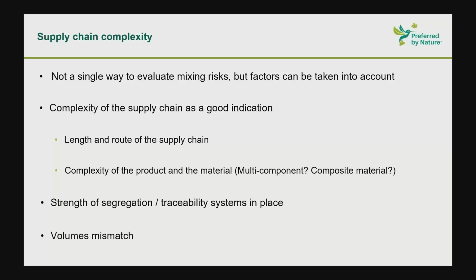That might include a lot of species from a lot of countries of origin. So this is a factor that you also need to take into account. Any segregation or traceability systems in place at any point of the supply chain should also be taken into account. And this is why certification can play a role in mitigating this risk. We'll come to that.